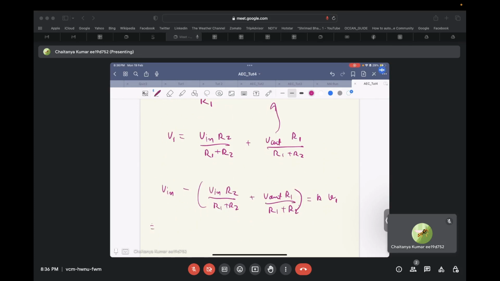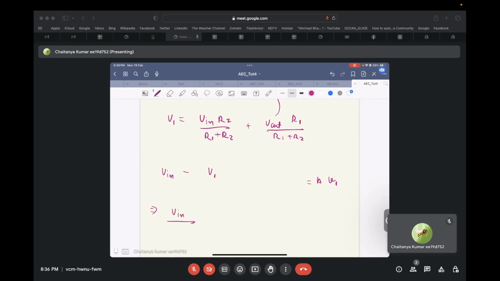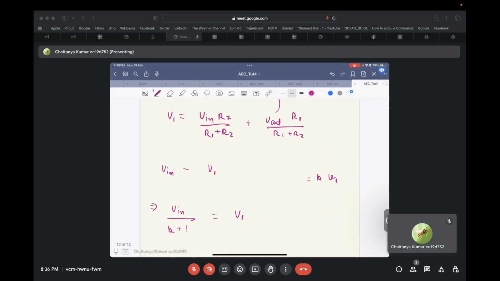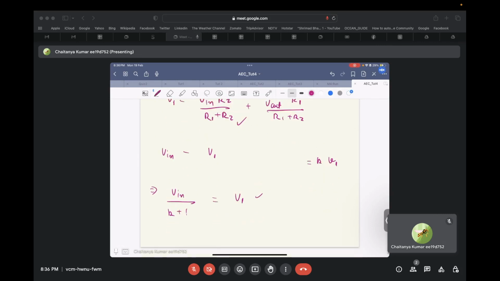So that implies Vin upon K plus 1 is equal to V1, and V1 from here and here can be equated.